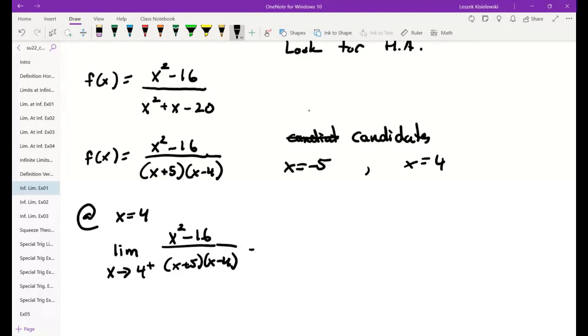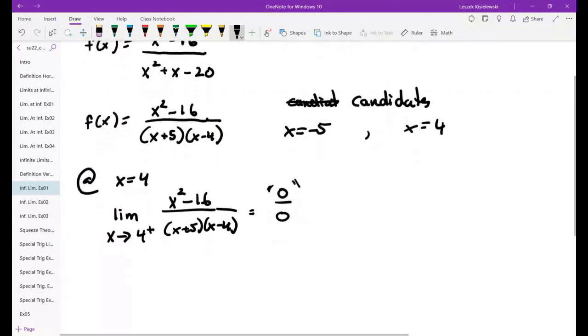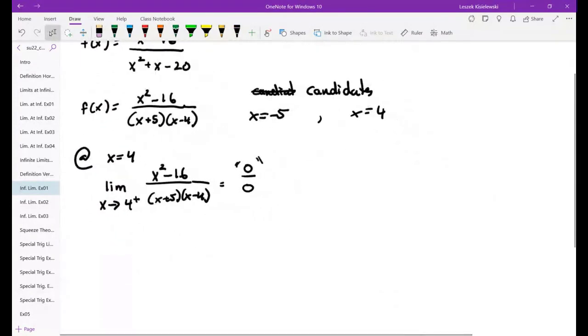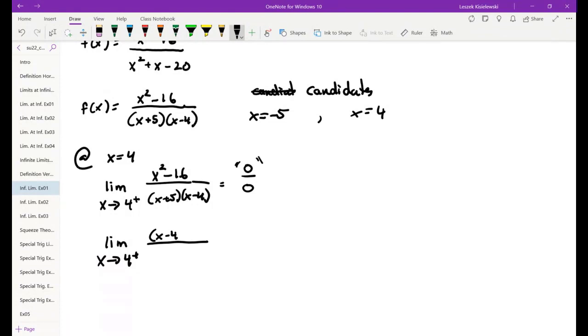Okay, and we see that if we try to evaluate directly, the numerator becomes 16 minus 16. The denominator becomes 0 as well. So that's an indeterminate form. So we need to do some algebra. And if you learned the algebra from yesterday, or you were reminded of the algebra yesterday, simply factor. The numerator is the difference of two squares.